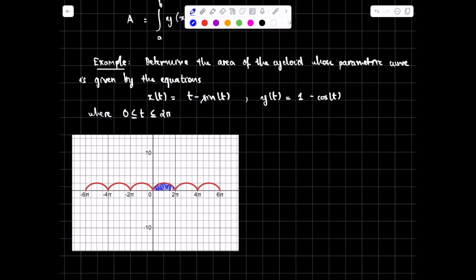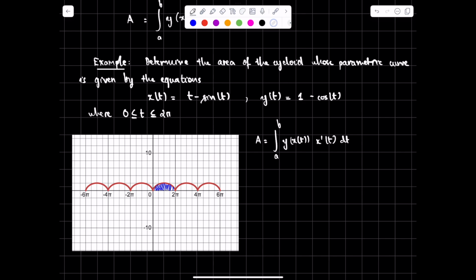Okay, and we already derived the formula to calculate the area involving the parametric curve. So the area A is equal to the integral from a to b of y of x of t times x prime of t dt.